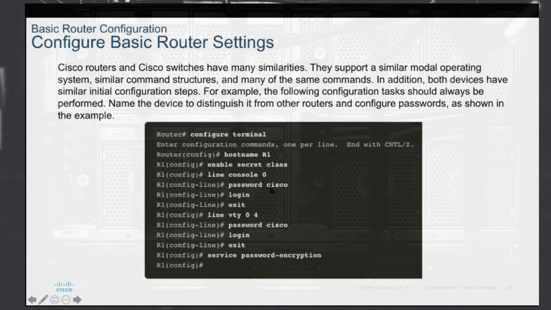It will not be written as Cisco, it will be written as some combination of letters and numbers. So people would not be able to see the passwords in plain text. So this command is very useful.